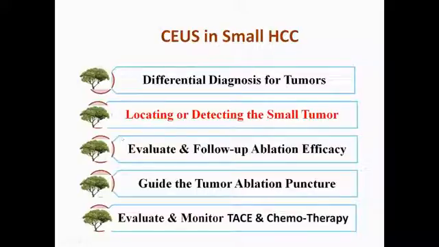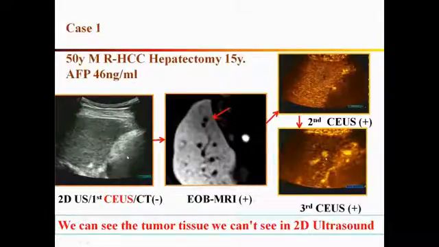The second thing I'd like to say is that CEUS helps to locate and detect small HCC tissues. This case is a 15 year old male patient. He had a hepatectomy 15 years ago, but now he has elevated AFP, about 16.4 nanograms.